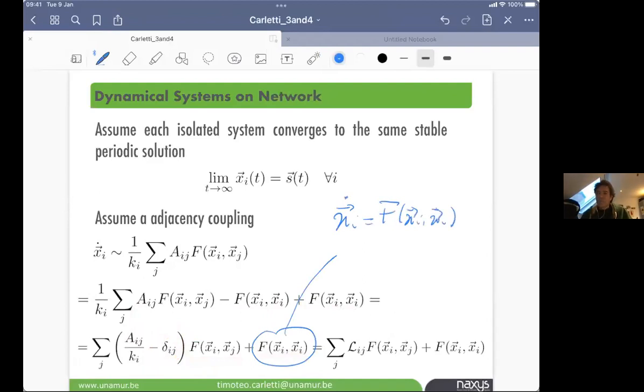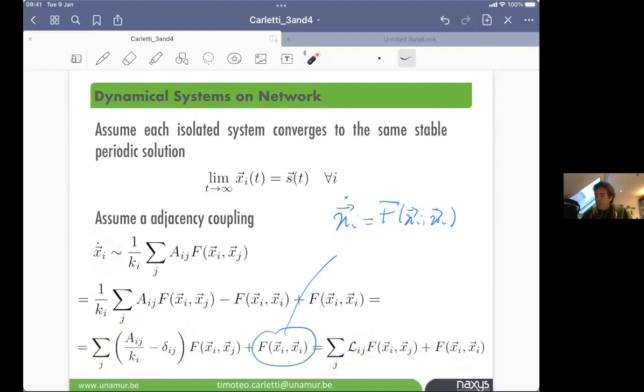So if I remove the network, if I remove this part here, what remains is just this part, which is an isolated system where each node i reacts only because of i. Okay, and now we can define this matrix as some, say, L again. And so my equation is again that the rate of increase or decrease of x at node i is a matrix Lij times some function, plus this term, which is the isolated system.